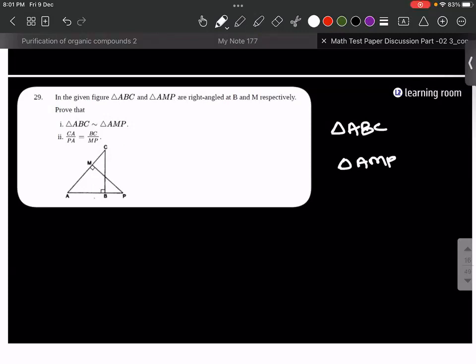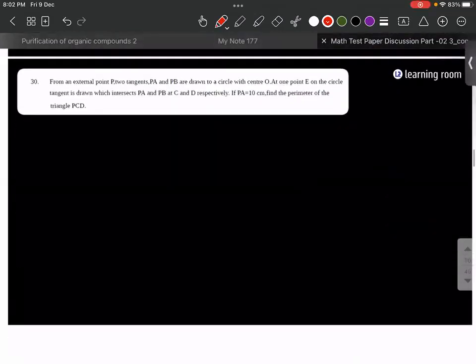So it will be the AA similarity criteria. According to the AA criteria, they both are similar. Then CA divided by PA is equal to BC divided by MP because they are already similar. Yes, sir. It's a very simple problem.